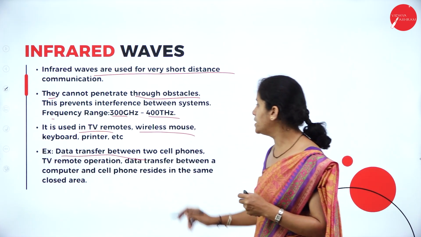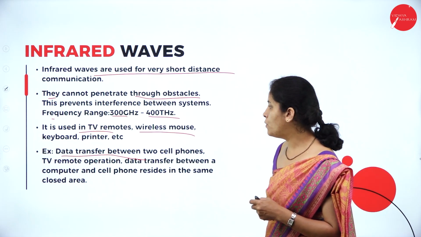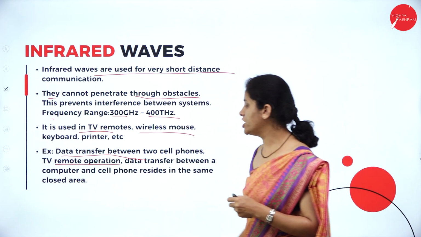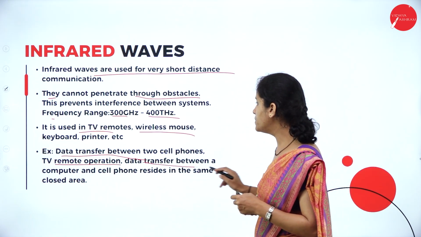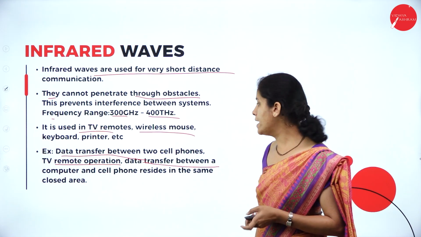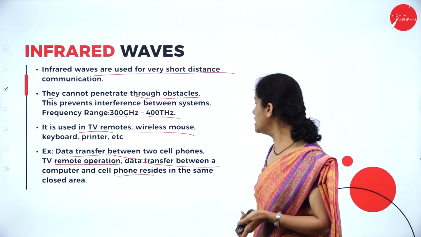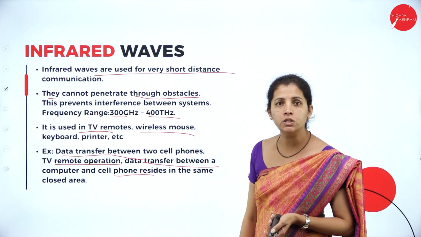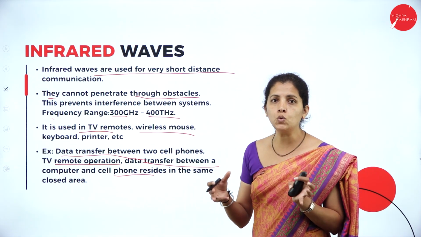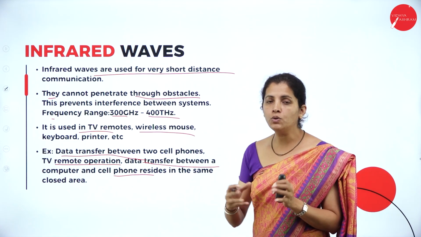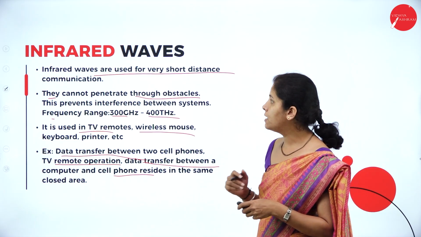Data transfer between two cell phones, TV remote operation, data transfer between a computer and cell phone reside in the same closed area. So within the room, I can transfer the data.